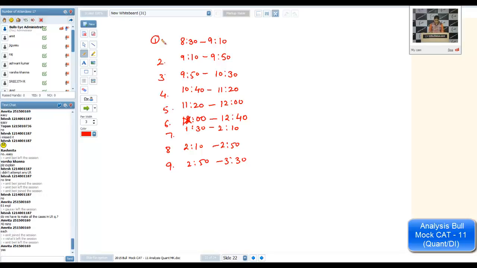Okay, what were the key things here? See, it says German is scheduled between science and social sciences classes. So German can be this way or this way as well.